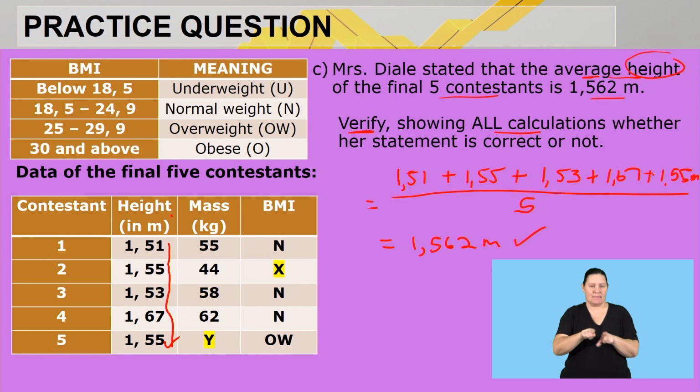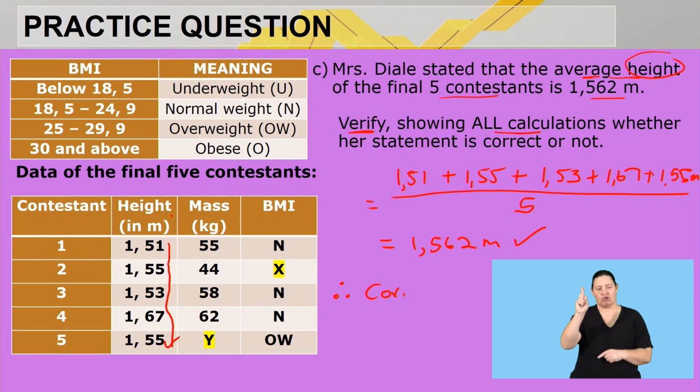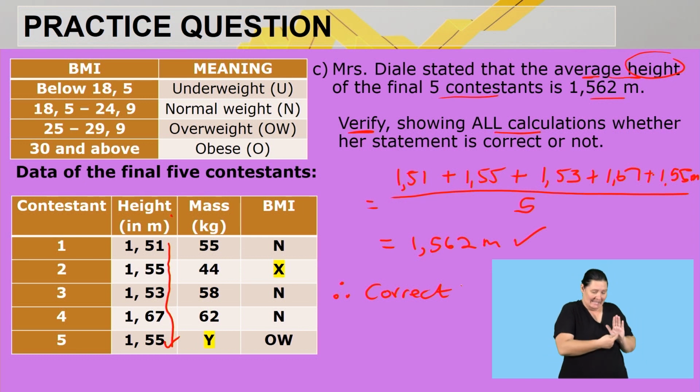Do we agree that the average height is 1,562 meters? Therefore, I conclude by saying her statement is correct. And please note, it's so important for you to make this conclusion. Your educator, the marker, is not going to conclude for you. Hence, you must say, in this case, it is correct.